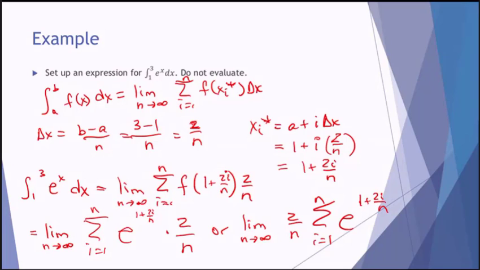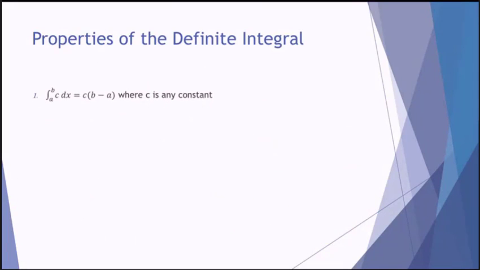So let's talk about some of these properties of definite integrals that are going to help us cut this down just a little bit. One of the first properties that we find helpful is the integral from a to b of c dx equals c times b minus a, where c is any constant. Interestingly, you can tell that c is probably a constant because of this dx.